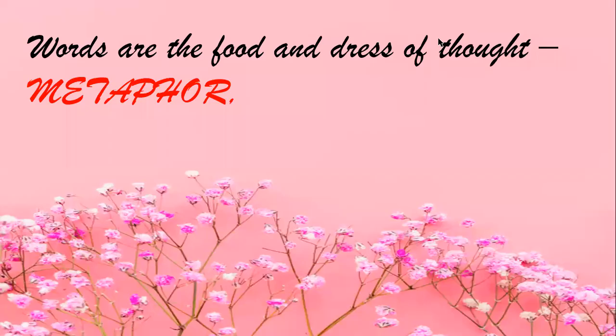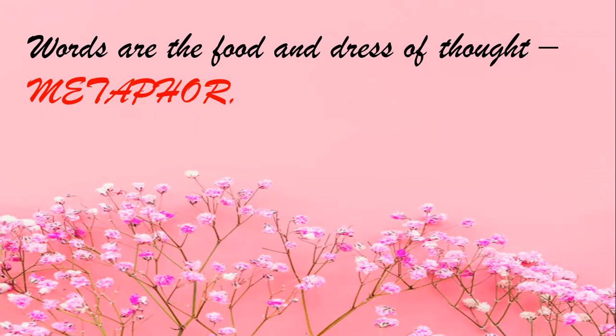The next one over here is words are the food and dress of thought. This is personification. In these lines, again, these words are compared to food and dress to show that it is important to give form to a thought, just like how food and dress are important to human beings.